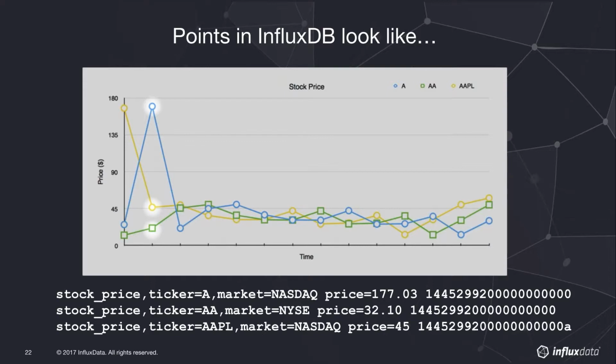If you're in SQL land and thinking about what an SQL database table might look like, you can think of your stock price as the title of that table. A ticker is a tag, market is a tag, and price is a field. And then finally you have your timestamp. We'll talk a little bit about each of those components and what they do and why you would choose to name something a tag as opposed to a field.